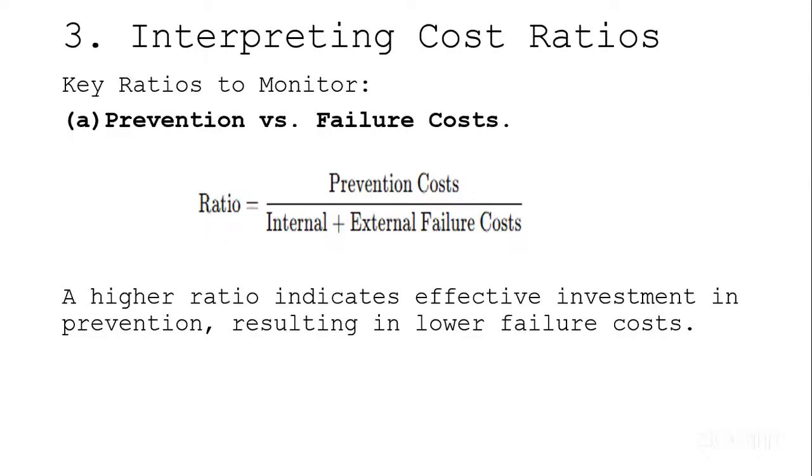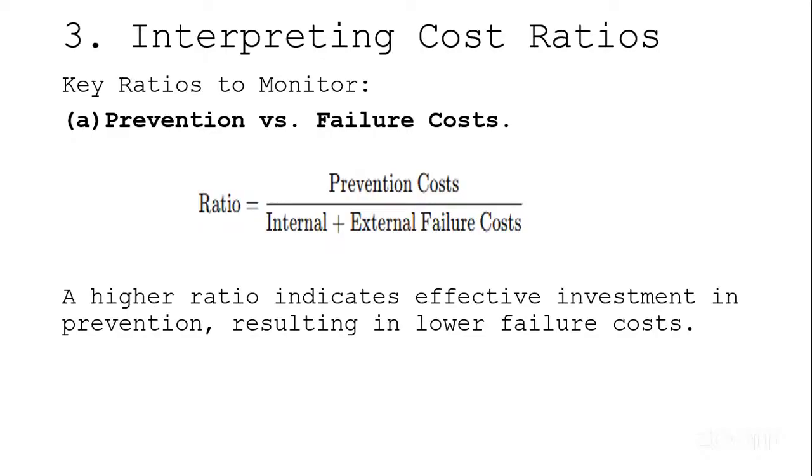So how do we interpret this? A higher ratio indicates effective investment in prevention, resulting in lower failure costs. For example, I want to use the simplest way. For example, if your prevention cost is 5 and the summation of your internal cost and external cost is 2, that gives you a 2.5.